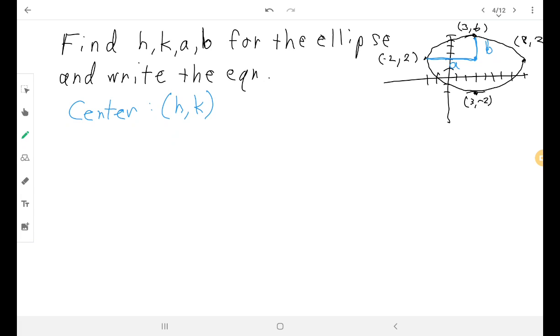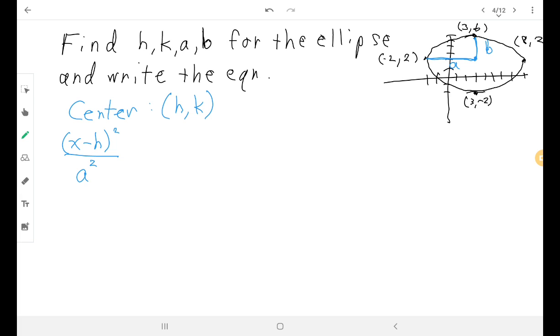So we need these three things because the equation for the ellipse looks like, in this case, (x minus h) squared, it's always x minus h, over a squared. a is always the long one in an ellipse. This one is wider than it is tall, so the a value goes under the x because a travels in the x direction.